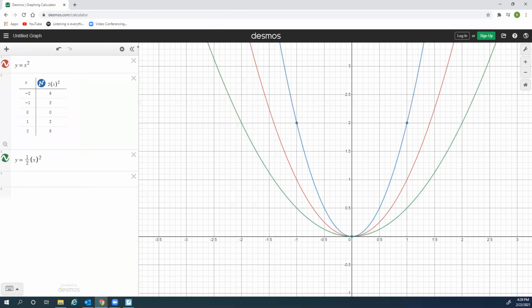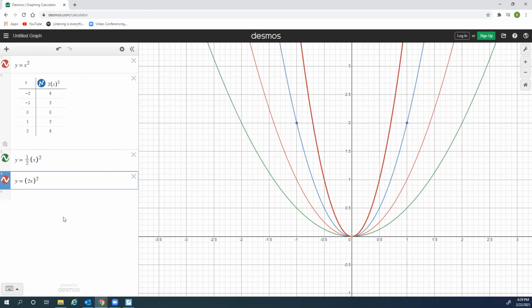This time we have y equals (2x) squared. And notice it got smaller again. It got smaller from my original parent function, which is here. There's my parent function.